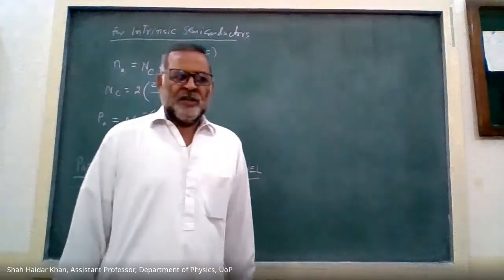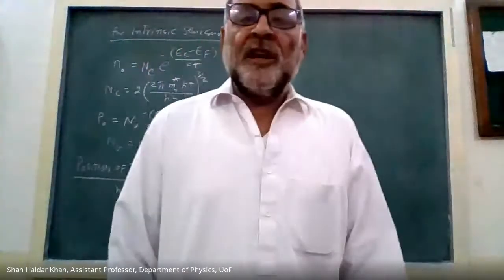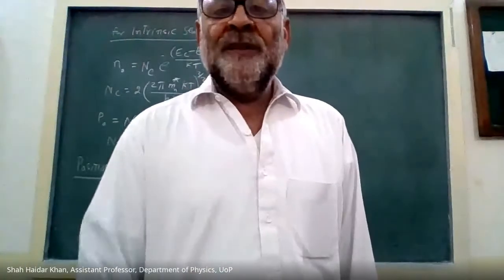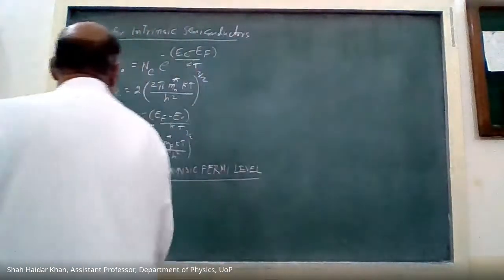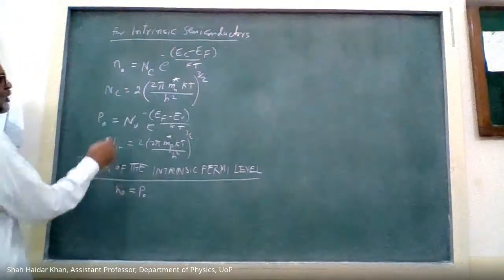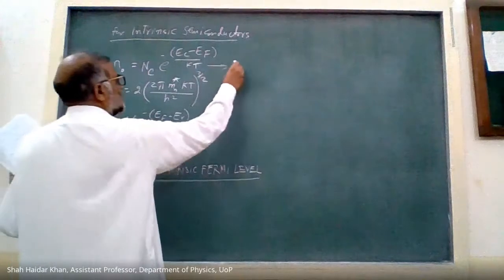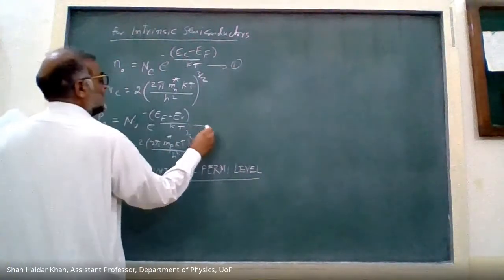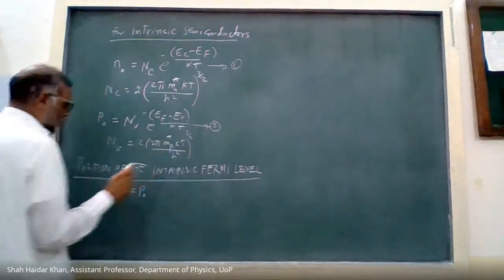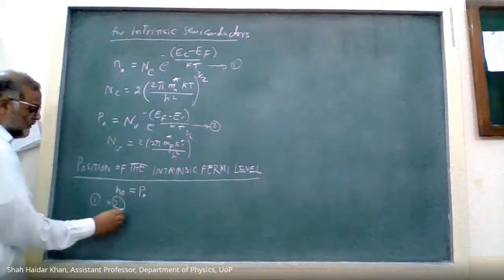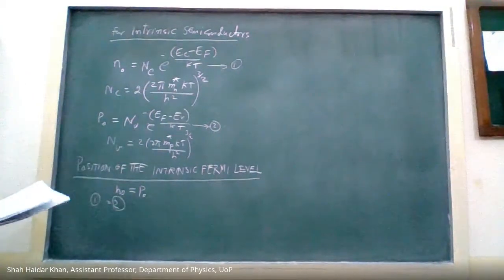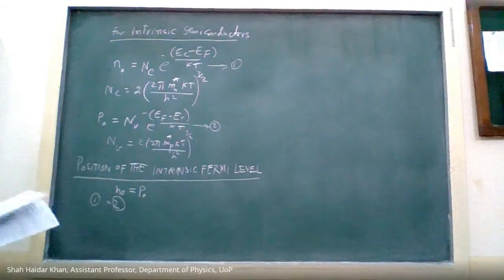All the electrons which have moved to the conduction band have left behind a hole. So N naught is equal to P naught. Suppose this is equation number 1 and this is equation number 2. So equation 1 is equal to equation 2.